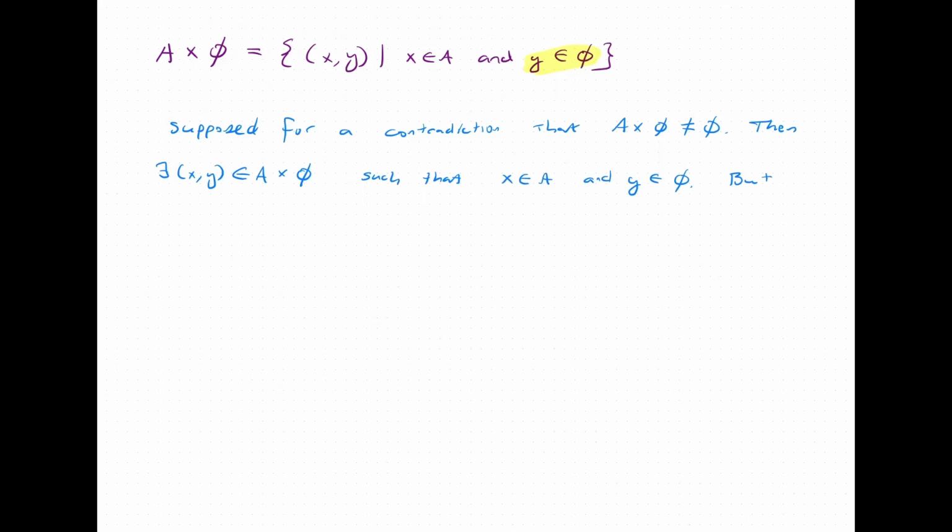But the empty set has no elements, so this is a contradiction, since y cannot be in the empty set. And so therefore, it must be the case that the Cartesian product of the two is equal to the empty set. And so that's the idea there: a consequence of the definition of the ordered pairs forces the Cartesian product of A with the empty set to always be empty.